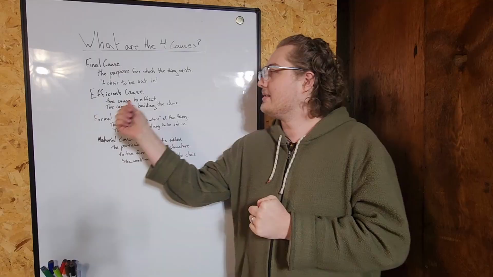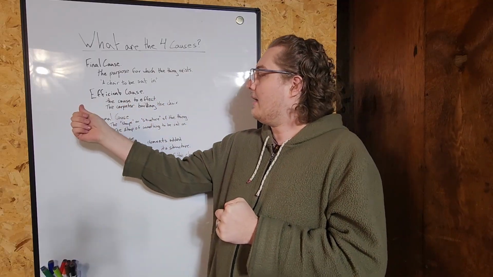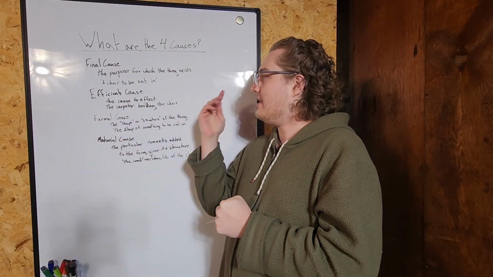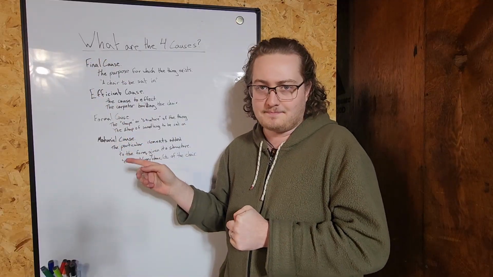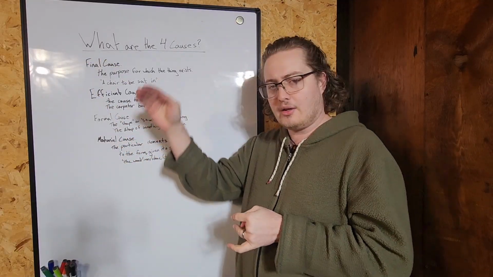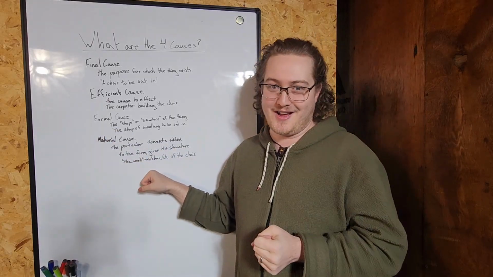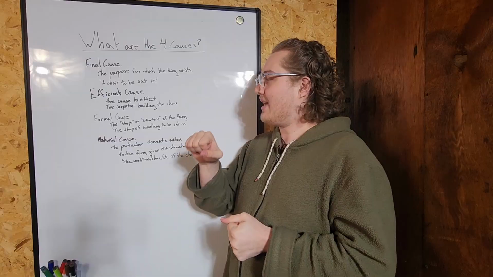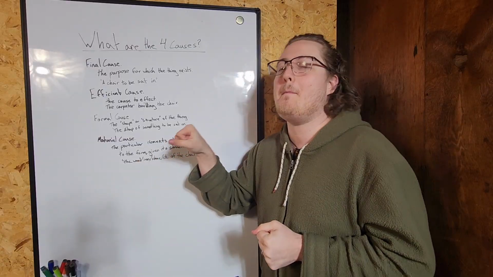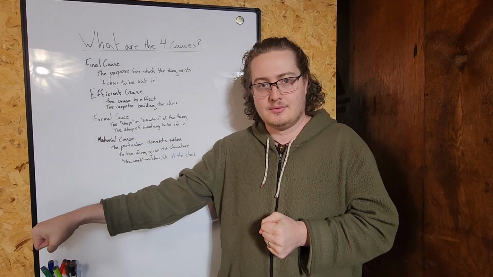But efficient cause comes before material cause, and the efficient cause comes after the final cause. They're still in their natural order. The formal cause has to come before the material cause, because the formal cause is what the matter is applied to. Right?